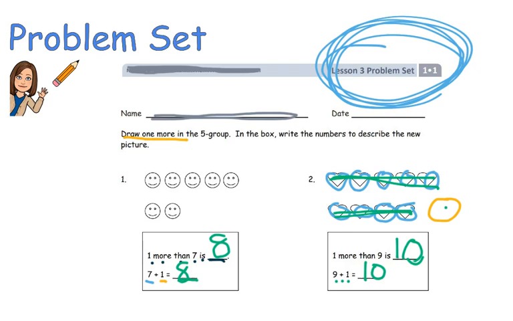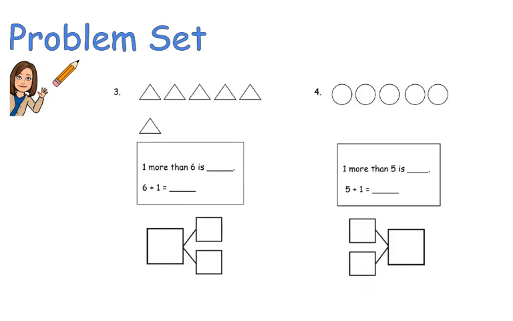How we doing so far? We're going to do one more together, and then you're going to try number 4 by yourself. All right, let's look at number 3. How many triangles are there? Go ahead and I want you to count them.